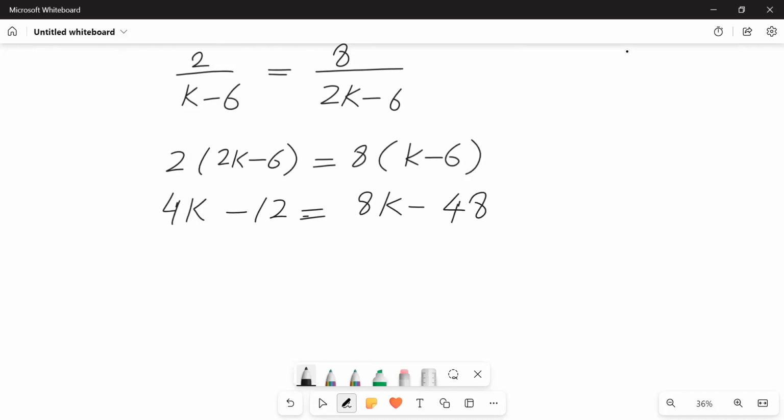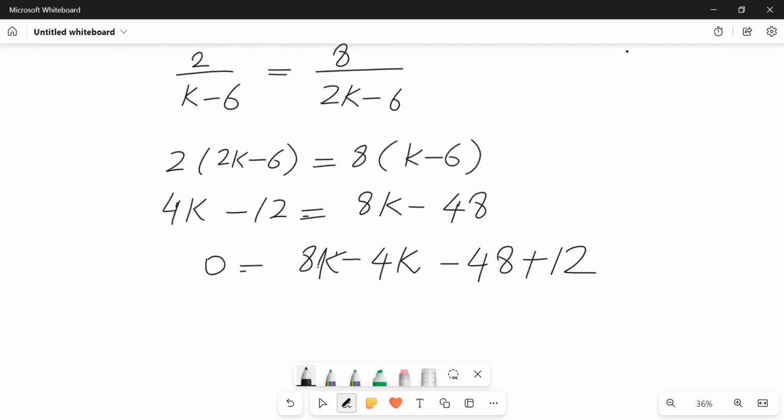Now we will shift these values to the other side. So 8k minus 4k, and minus 48 plus 12.